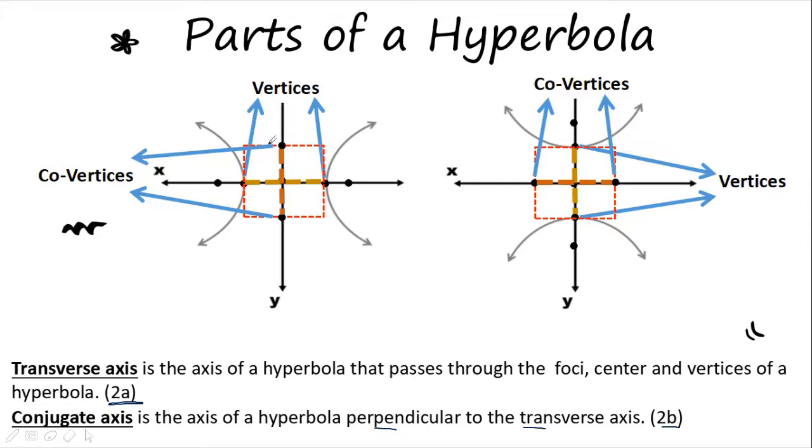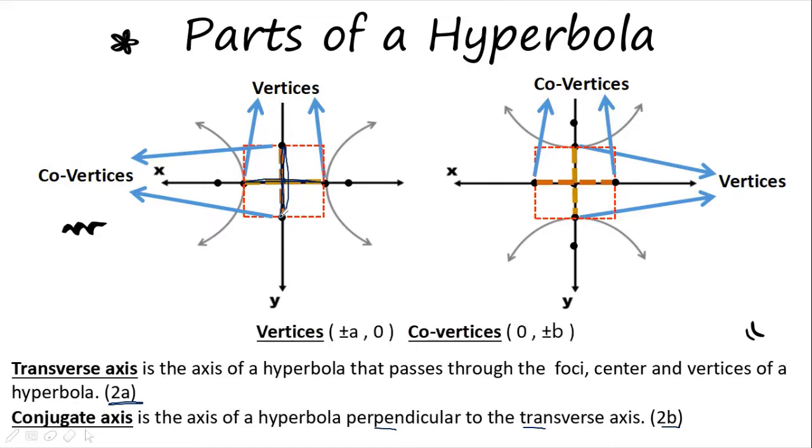In this example, or in this graph of a hyperbola, our transverse axis is this one. It passes through the center, while our conjugate axis is this one, which is perpendicular to our transverse axis. Again, the transverse axis is 2a, the conjugate axis is 2b.